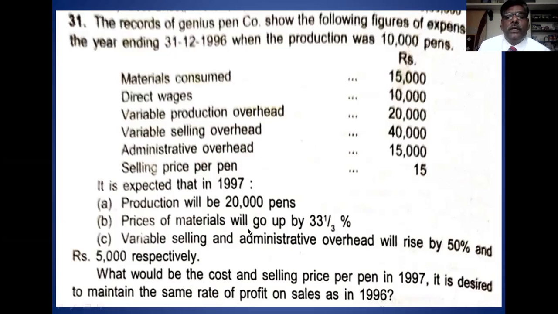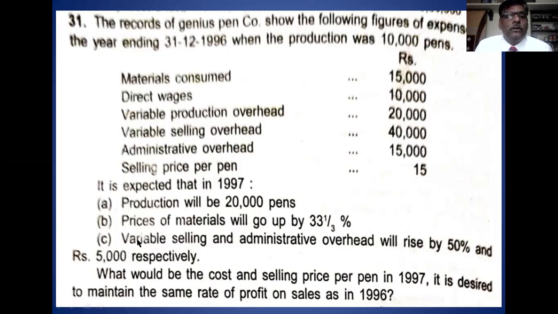And the price of material goes up by 33 1/3%, meaning the existing material price in the market will increase by 33 1/3%. You have to give consideration to this point while estimating the cost for the year 1997.